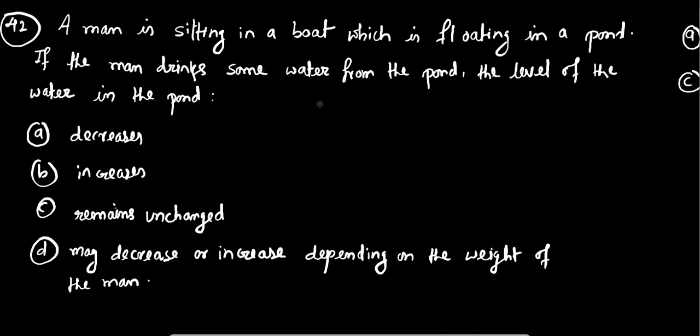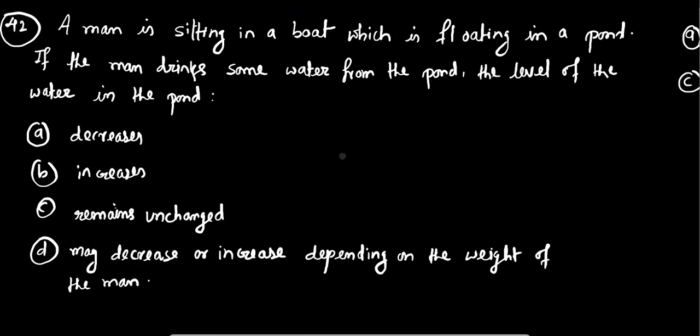It is given that the man drinks water from the same pond, and here once again we have to find the weight of the additional water taken by the man in the water. Weight of the water in the water, we are going to discuss that.